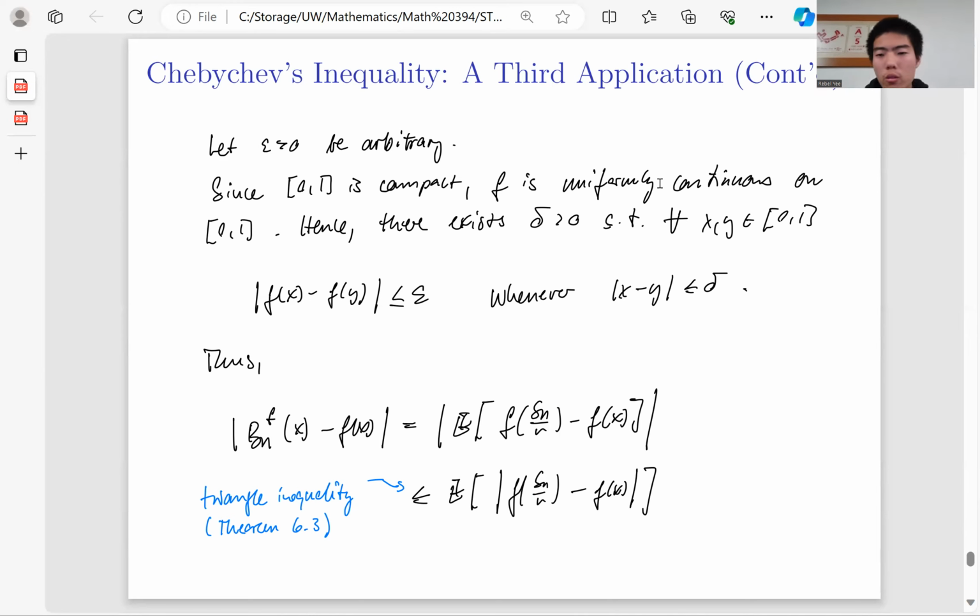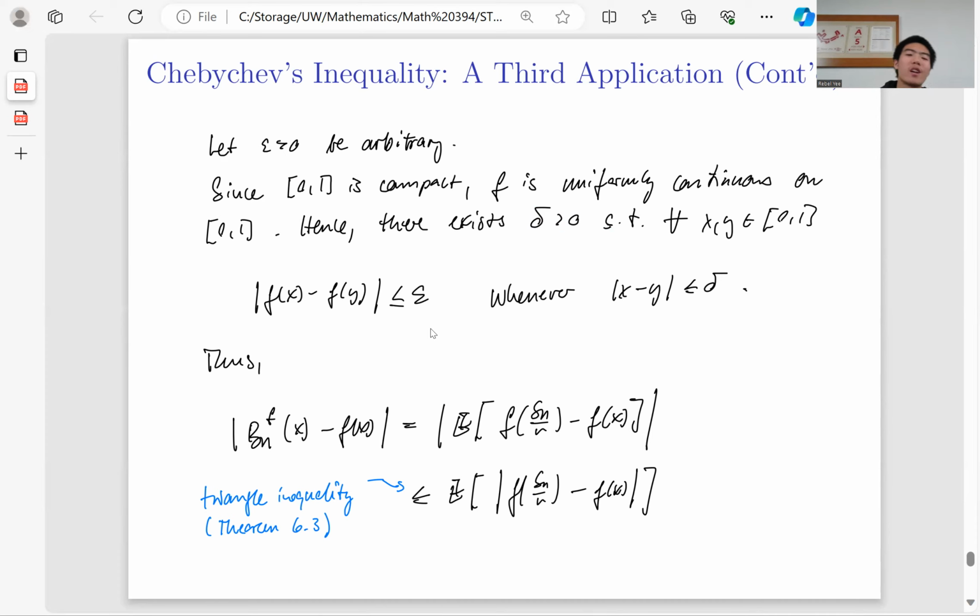So in that case, we can always find a delta such that if |x - y| is smaller or equal to delta, then |f(x) - f(y)| is smaller or equal to epsilon.